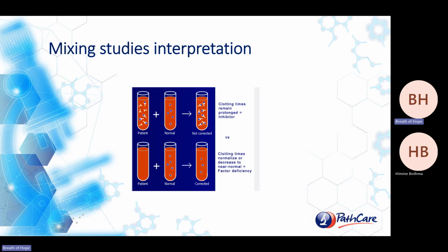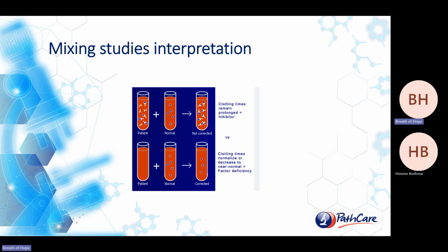And what happens here, if you have your patient sample and say, suppose they are deficient in factor 8, what you do is you add normal plasma to that patient. Normal plasma will contain factor 8. So when you run your PTT again, it will correct because the factor 8 has been replaced.